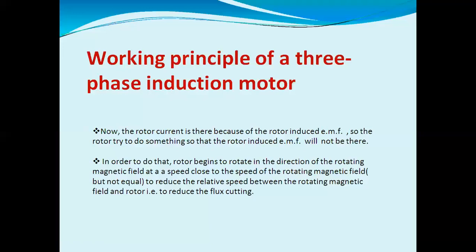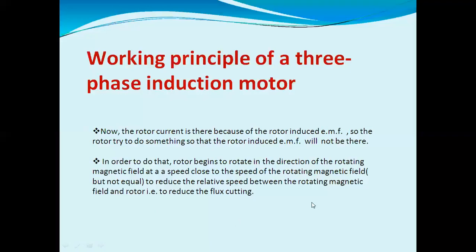It does this to reduce the relative speed between the rotating magnetic field and the rotor, that is, in order to reduce the flux cutting. The rotor begins to rotate in the direction of the rotating magnetic field. So from that discussion, we see that there are two speeds.